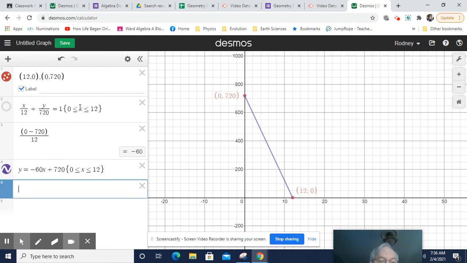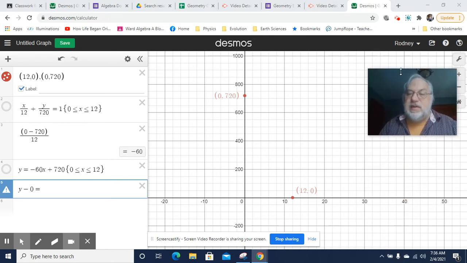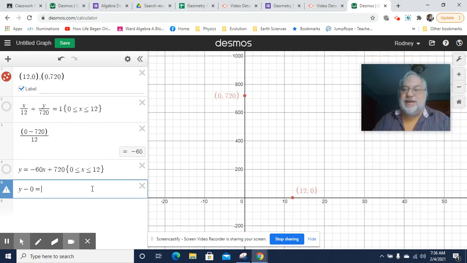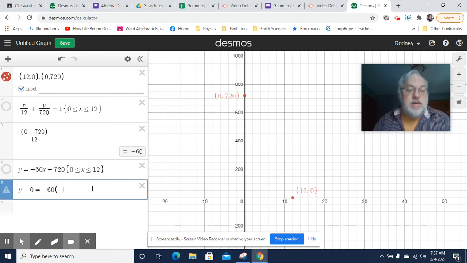Now, I could also use point-slope form. Okay, so I can use y minus 0 equals, I know my slope is going to be, oh my goodness, I'm way down there at the bottom. There we go. Now I can look at you and say hello. Let me refocus. y minus 0 equals the slope of negative 60, which we calculated earlier, times x minus 12.